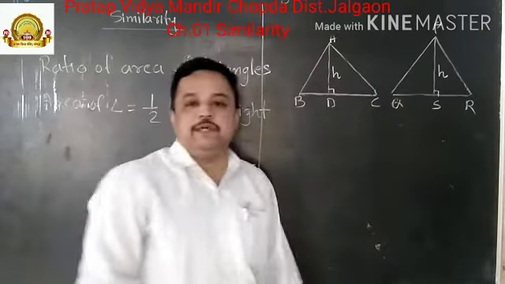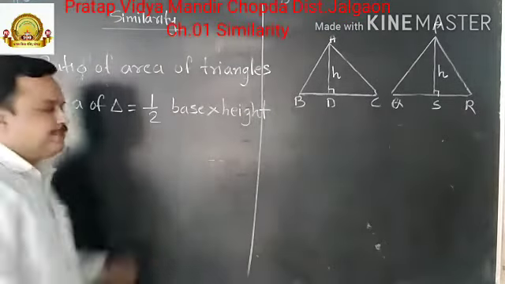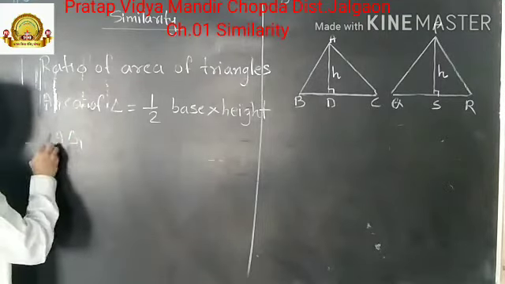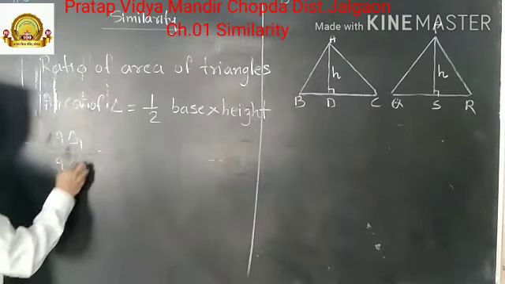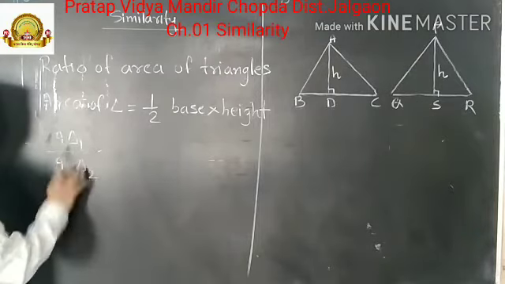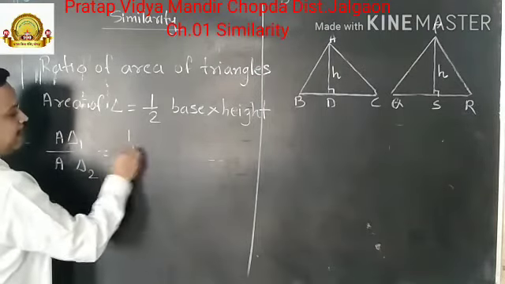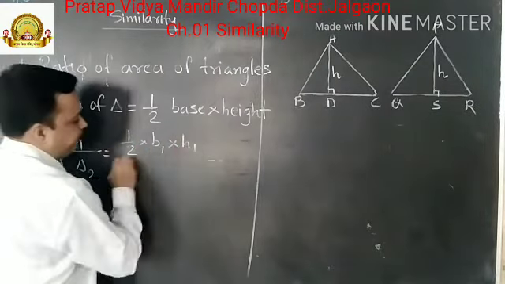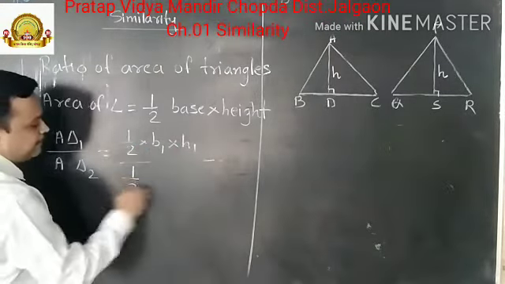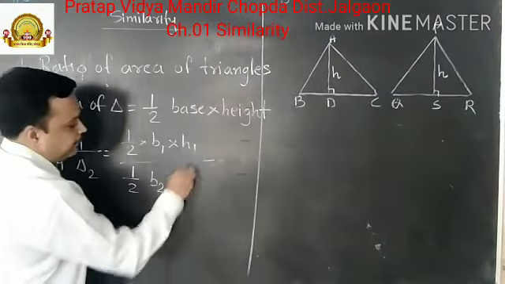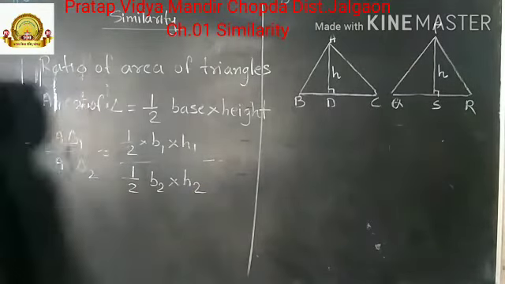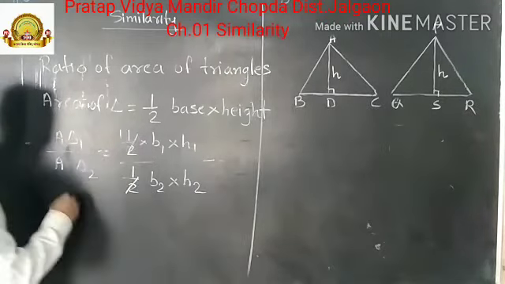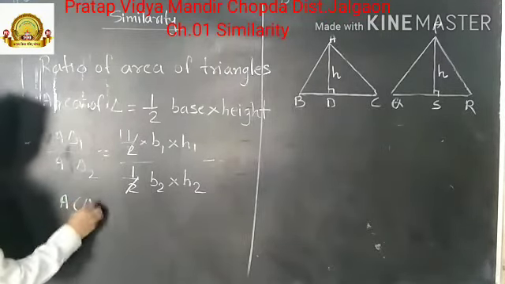Now we have to take the ratio of the areas of two triangles. So area of triangle 1 upon area of triangle 2 is equal to 1/2 base into height upon 1/2 base into height. The 1/2 gets cancelled and we get the ratio.